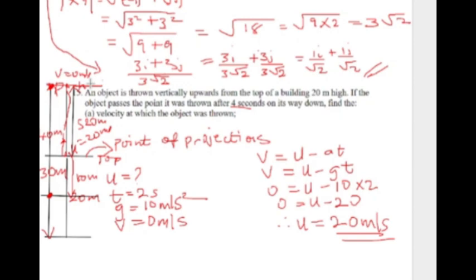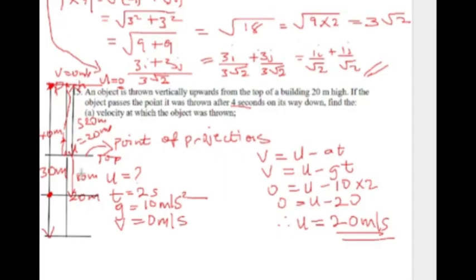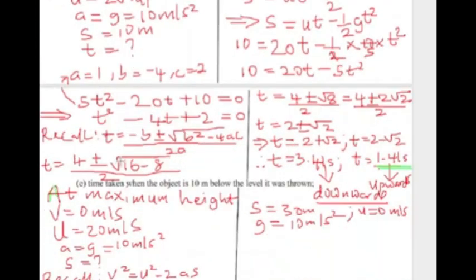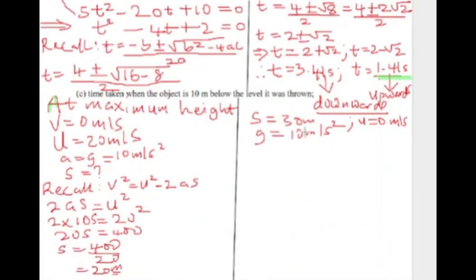Now when the object started falling down, u will be equals to 0 also. So the downward motion, u is equals to 0. Meanwhile, for the upward projection, v, the final velocity, is equals to 0. So I'm using u is equals to 0 because for this particular calculation, I'm considering the downward fall of this object.